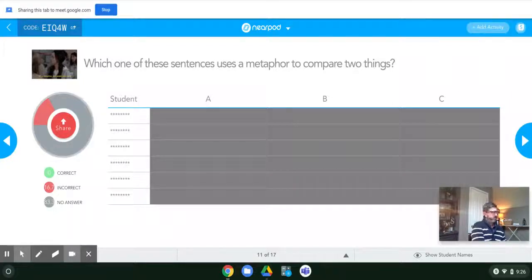The definition is we're comparing two things without using the words like or as. You've got to be comparing one thing to another thing. Okay? So as you're reading those sentences, just think about that. Think about the definition. We're comparing two things without using the words like or as, but we've got to be comparing something.